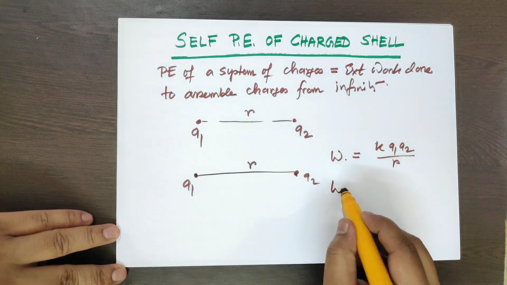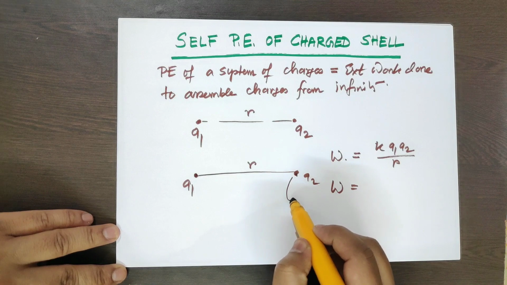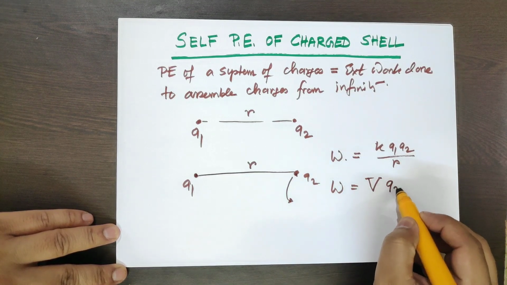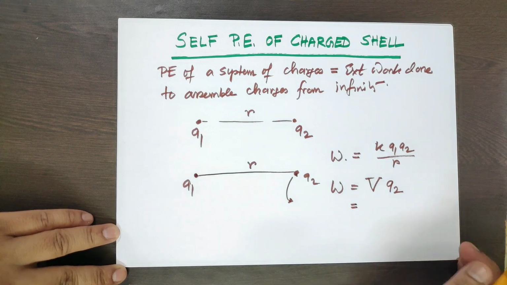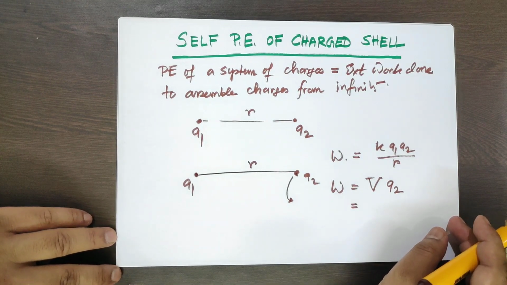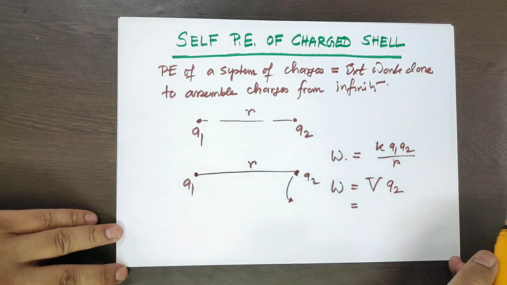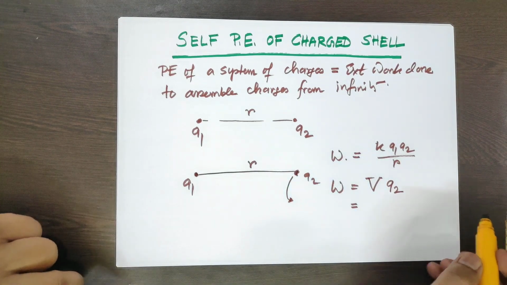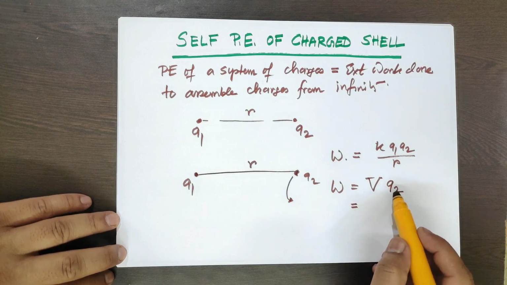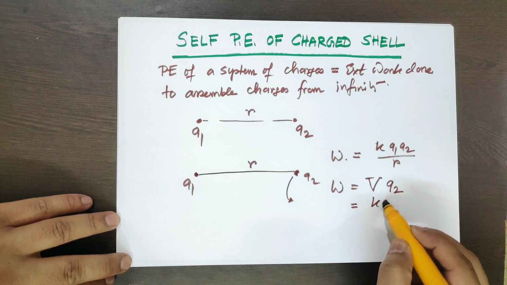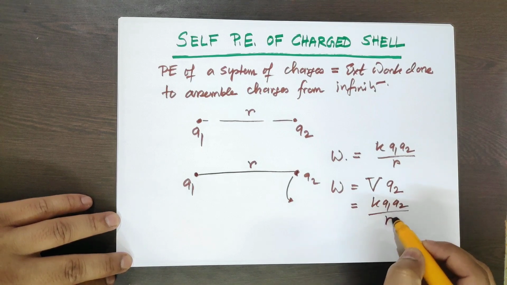Or what you do is, you know, potential at this point multiplied by q2. Obviously, potential is the work done to bring unit positive charge at this point from a large distance. So, multiply that with q2. So, you have same thing, k q1 q2 by r.